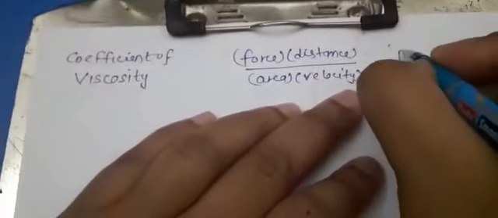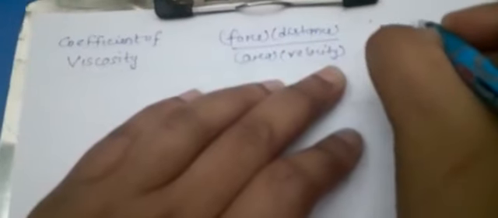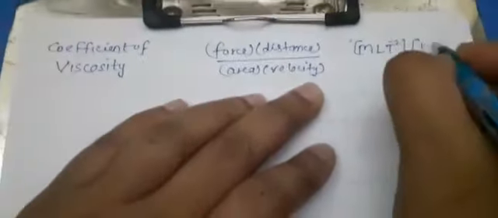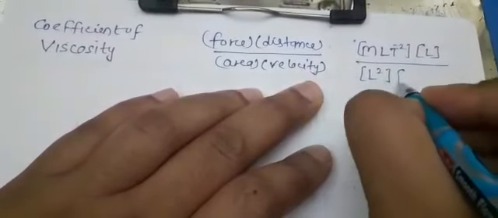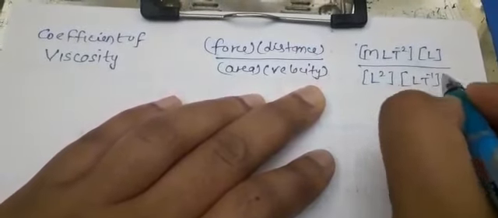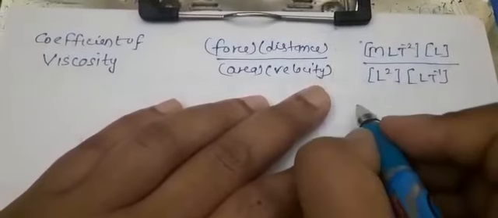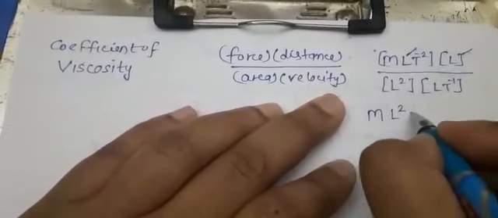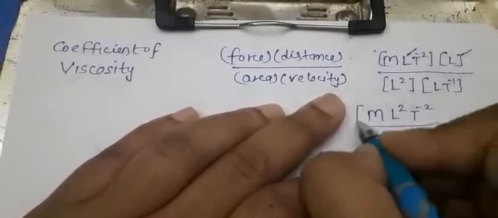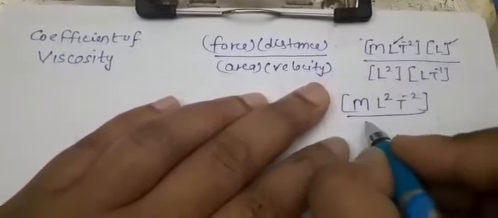Now force, I will solve it. M L T minus 2. Distance is L, area is L2, velocity is L T minus 1. Now rearrange here this L and this L. Let me arrange it L2, T minus 2. Let me rearrange the terms in denominator also.